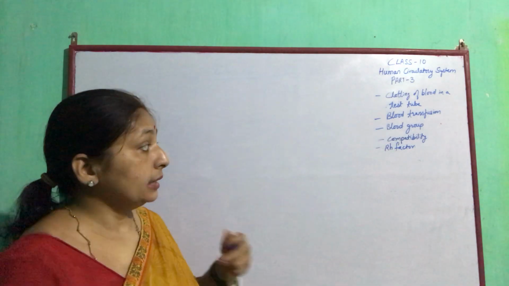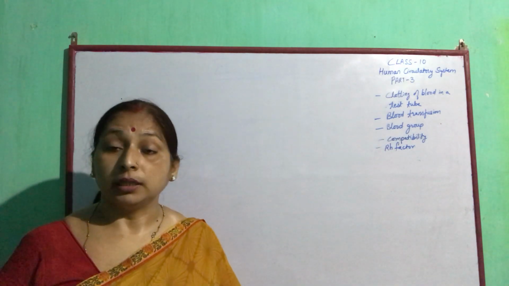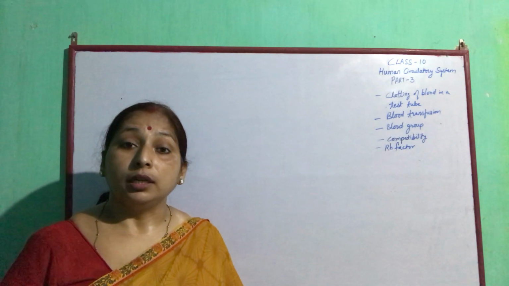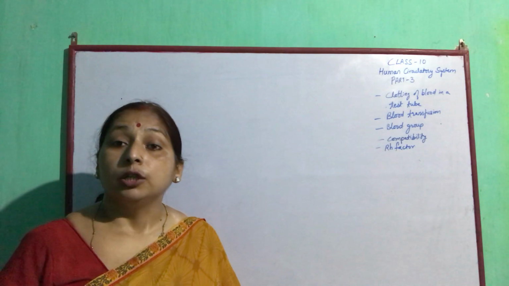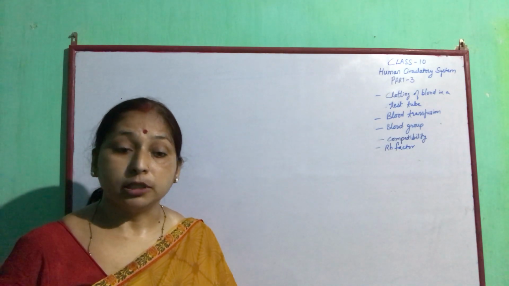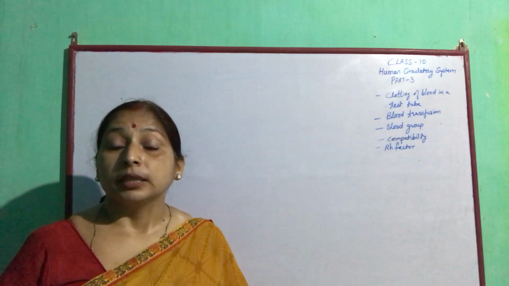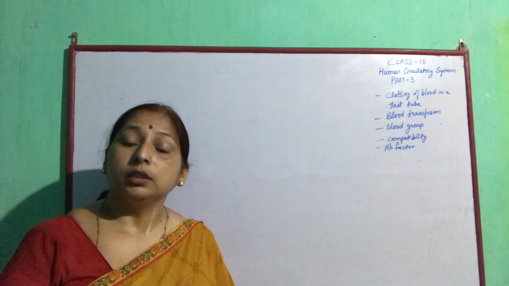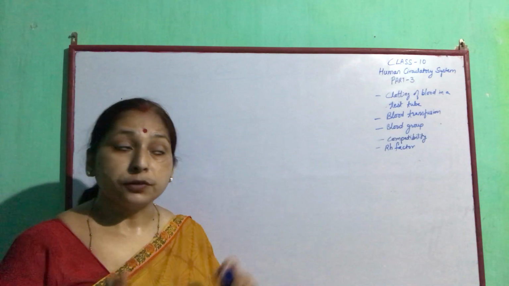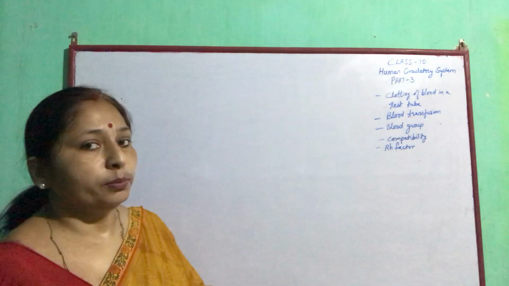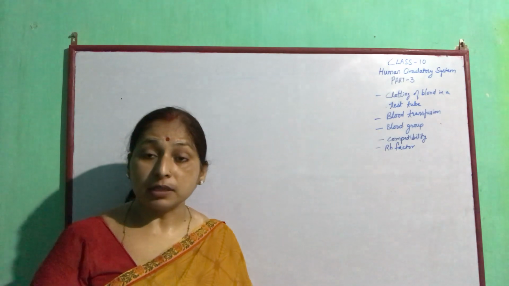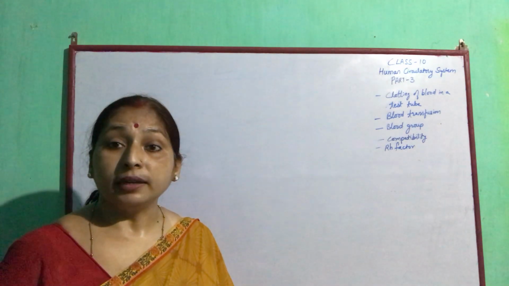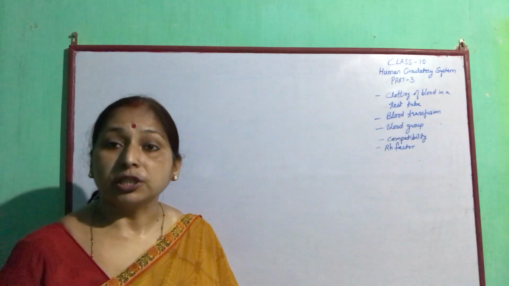Or in operations, if a person undergoes an operation, or if the body is not able to form blood, then blood is transfused from a donor to the recipient. That transfer of blood from a healthy person to a diseased or operated person is termed as transfusion.